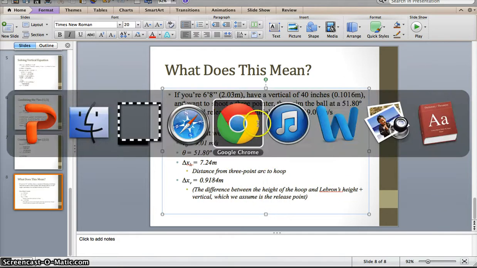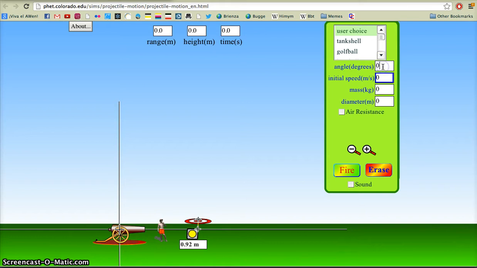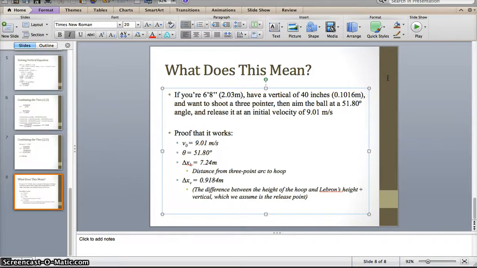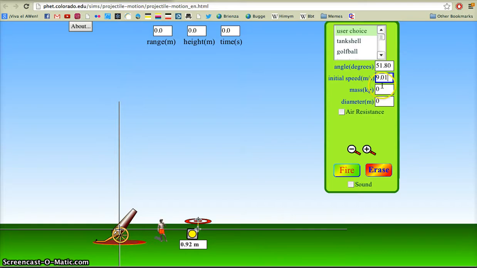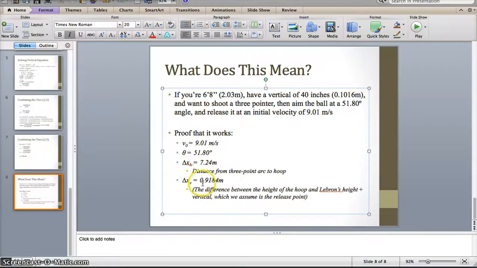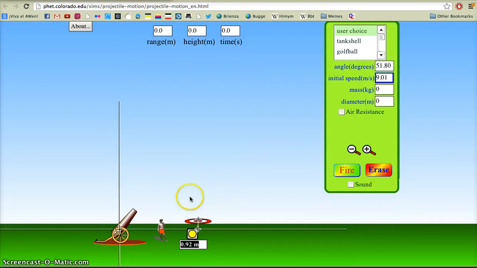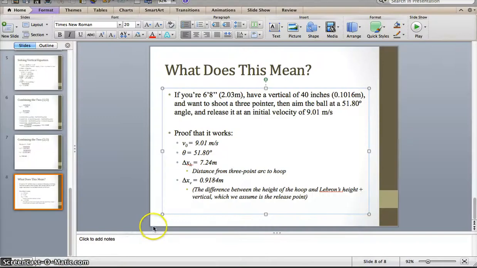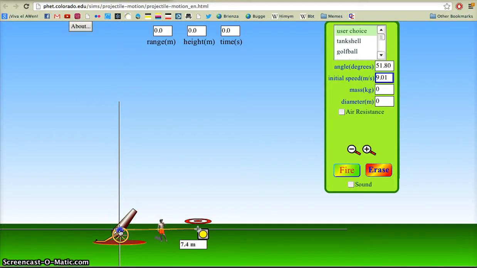Using all of this, we can use the simulator we have in class and then plug in the numbers. Since the angle is 51.80 and the initial speed is 9.01, the mass itself is irrelevant, and considering the vertical distance, 0.092, which is close enough to 0.9184, and the horizontal distance measured at 7.24, which is close enough.